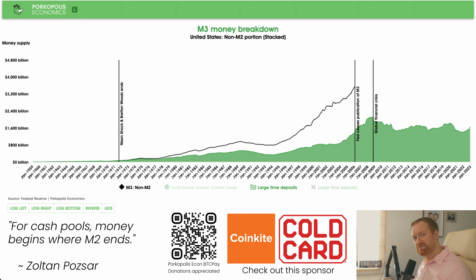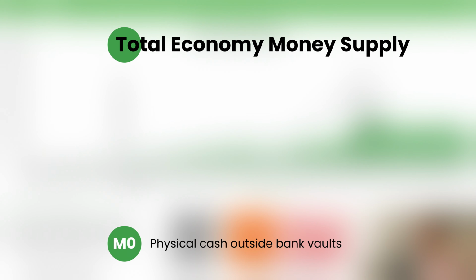It's this cumulative numbering system which Paul Volcker and many Fed officials in the 50s and the 60s started to define in this way. Very simply, M0 is supposedly the most liquid money supply of the United States. That includes simply base money, but it's base money that is in cash and coin form and is outside of bank vaults.